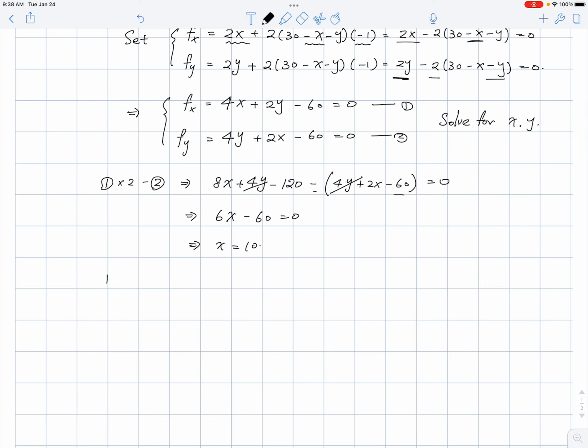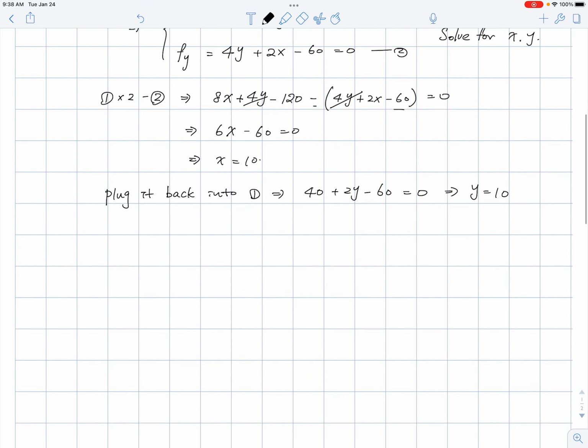Okay, so plug it back into, let's say, equation 1. What do we have? 40 plus 2y minus 60 equal to 0. Therefore, you do get y equals 10.